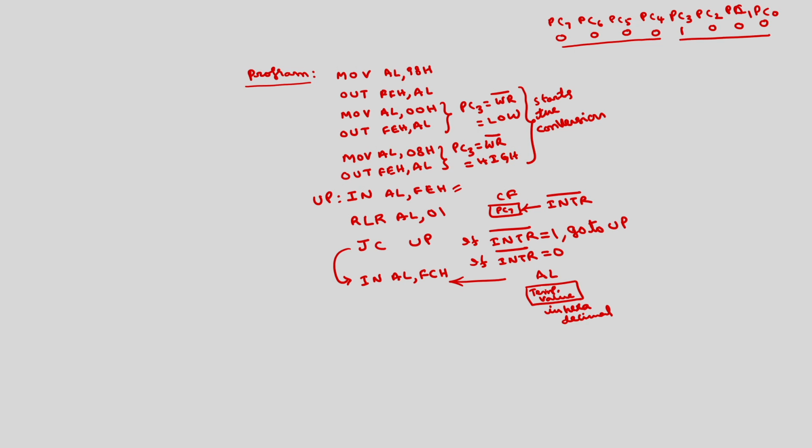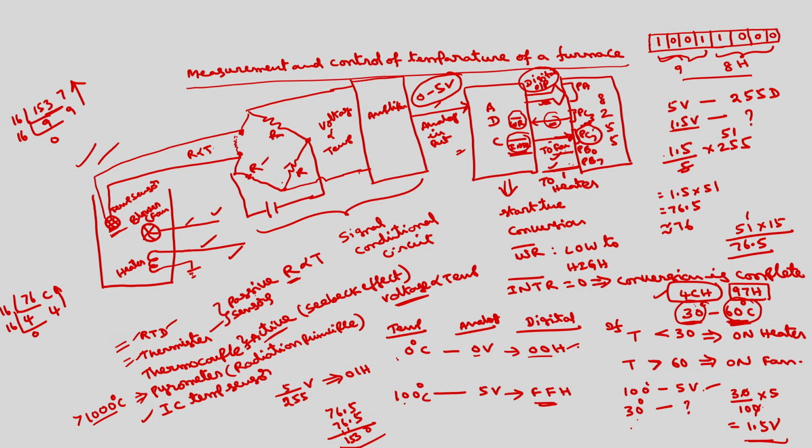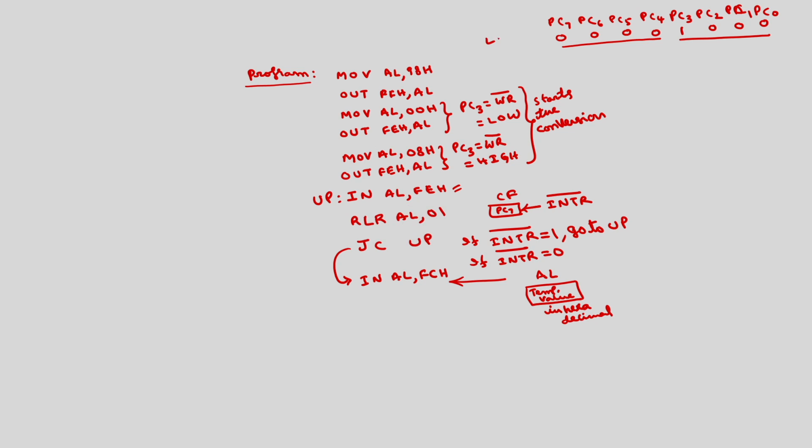Now, you have to compare this with the hexadecimal equivalent of 30 degrees and of 60 degrees. Yesterday we calculated these: 30 degrees is 4CH and 60 degrees is 97H. So, 4CH corresponds to 30 degrees, and 97H corresponds to 60 degrees.